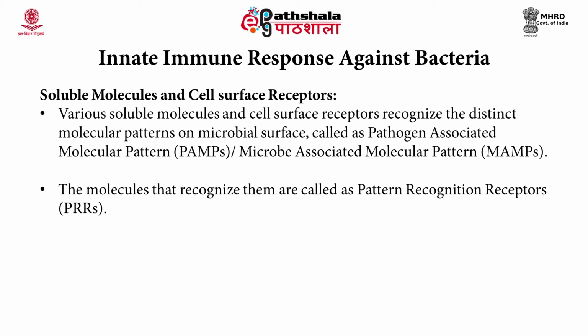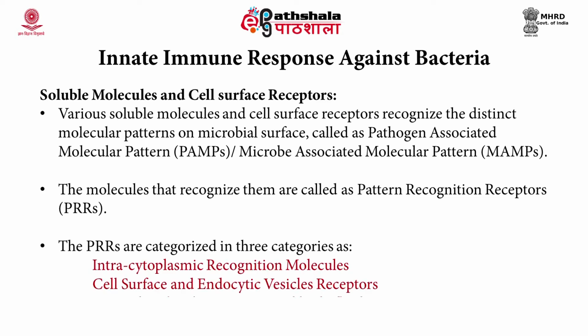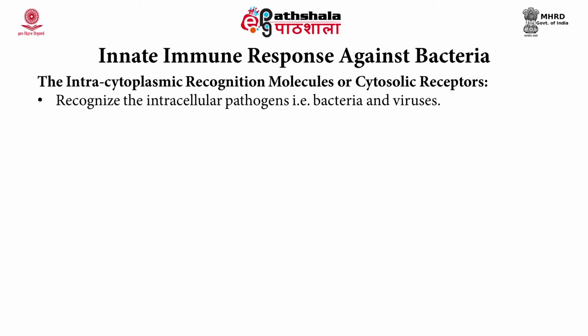The products of damaged cells are termed danger associated molecular patterns, or DAMPs. The PRRs are categorized into three categories: intracytosolic recognition molecules, cell surface and endocytic vesicle receptors, and secretory molecules in serum and body fluids. Let us discuss them briefly. The intracytoplasmic recognition molecules, or cytosolic receptors, recognize the intracellular pathogens, that is bacteria and viruses.